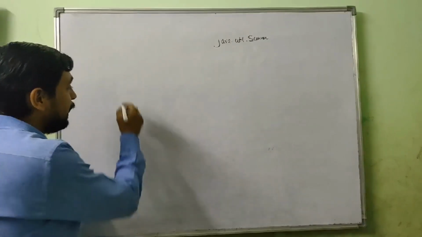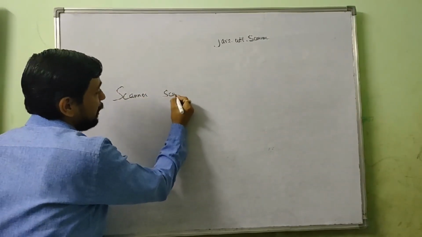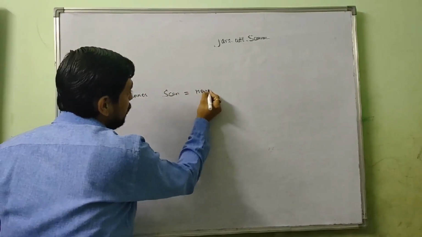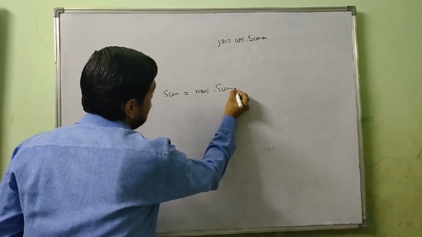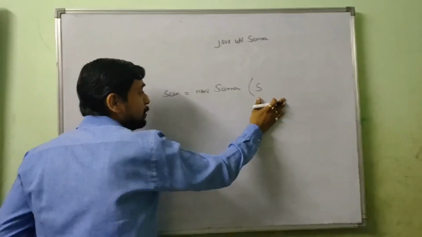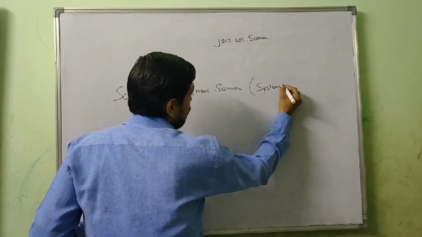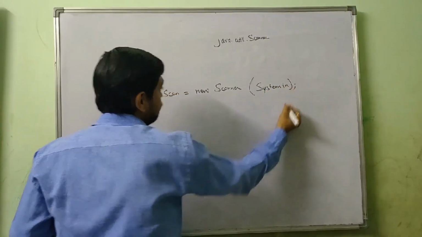A Scanner object you can create like this: Scanner, object name I'm giving scan, is equal to new keyword, class name again Scanner, that is the constructor itself, and the reference address of a stream. So I'm passing the keyboard as the stream over here, System.in.